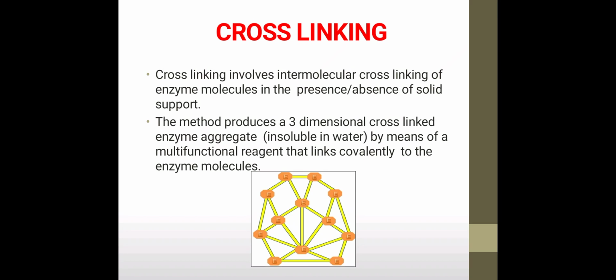So the production of this enzyme substrate complex resembles a 3D cross-linked enzyme aggregate. This is mainly due to its insolubility in water by means of the multifunctional reagent that links covalently to the enzyme molecules. So we can produce the cross-linked enzyme, which is very useful in the production of the product.